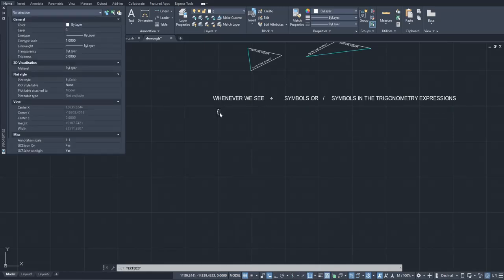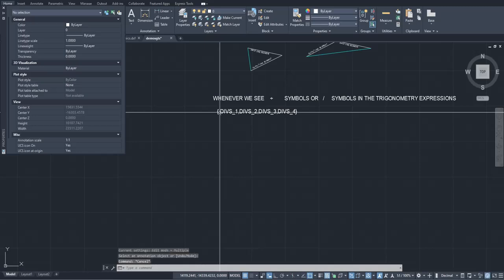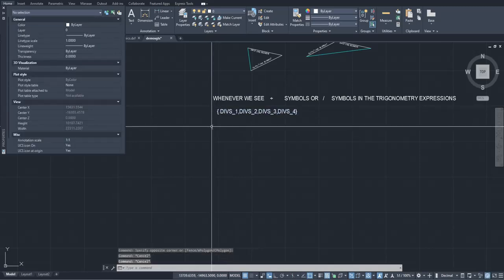division 1, division 2, divs 1, divs 2, divs 3, divs 4, and these four symbols will do the Cartesian product.